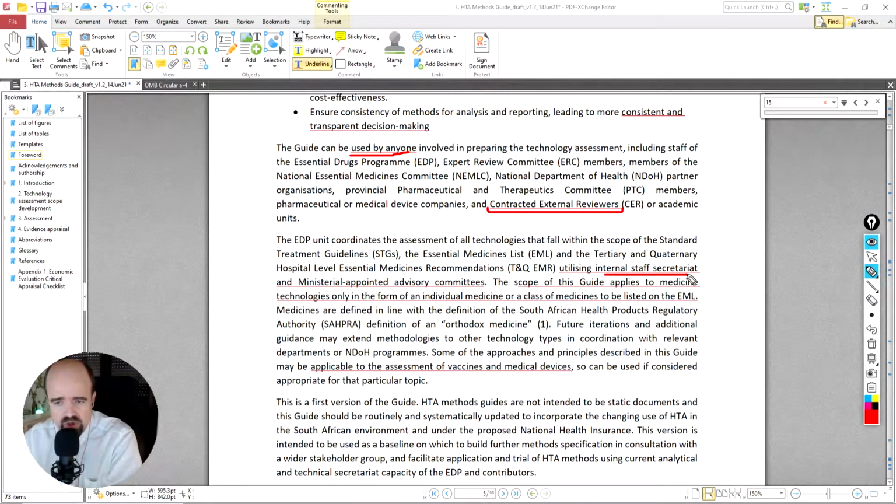Appointing internal staff and secretariat, where perhaps additional capacity may be required, and ministerial-appointed advisory committees, where also perhaps additional capacity may be required, is all suggestive of additional costs for running an HTA system.